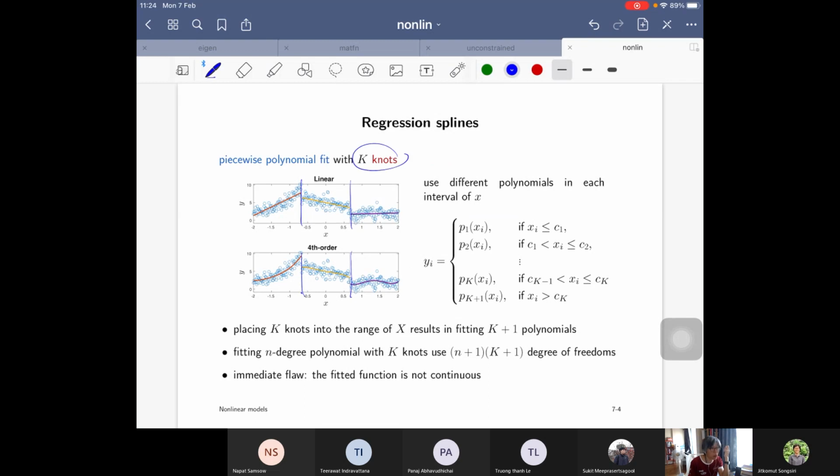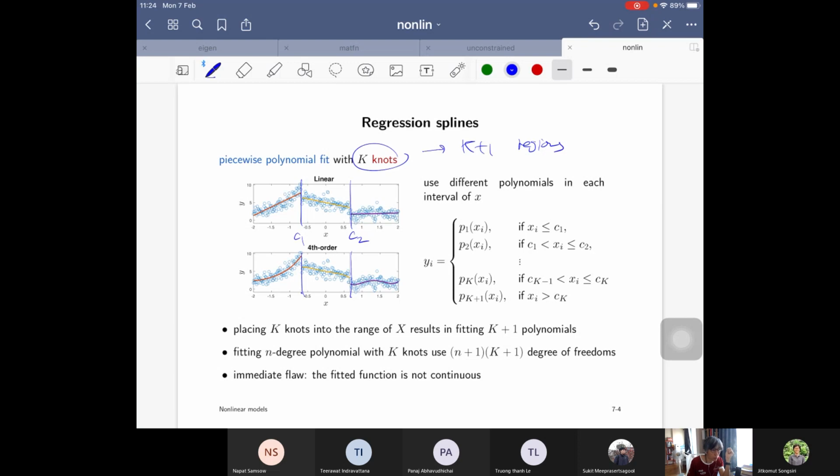If you have k breakpoints, k knots, in this example you have C1 and C2. These are two knots. Of course, the range of the predictor will have k plus 1 regions. In this picture, two knots, 3 regions.